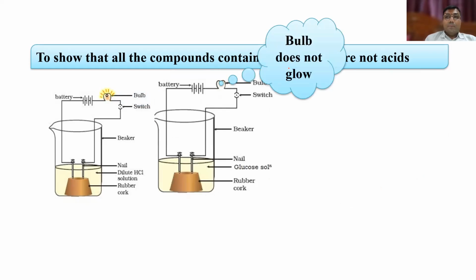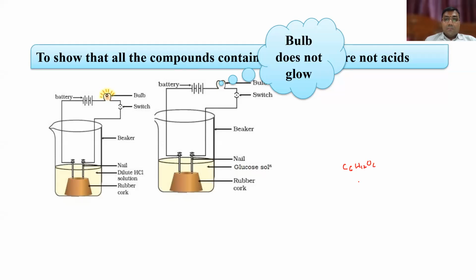Fine. For example, students, in the other beaker, I have taken glucose. When you dissolve glucose in water, is it giving any ions? What is the structure of glucose, students? Anybody? Sadda, what is the molecular formula of glucose? C6H12O6, sir. Perfect.